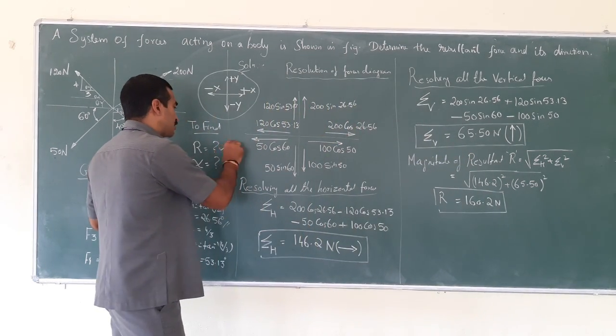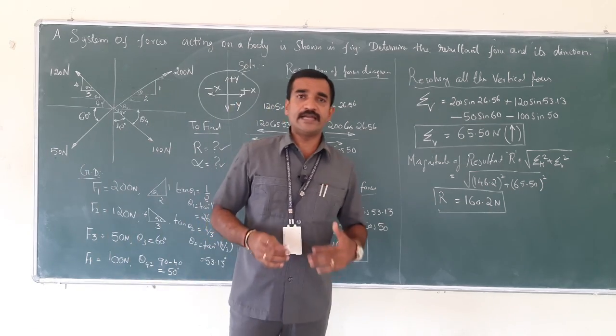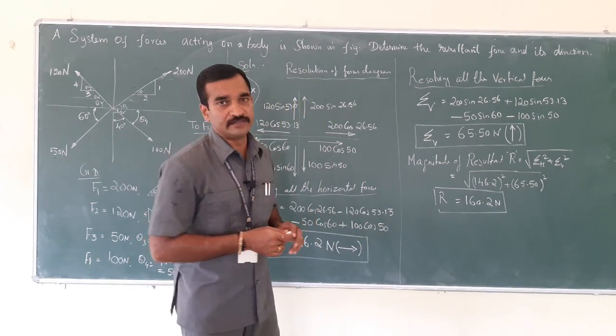So the R value has been arrived. Now alpha. What is alpha? That is the direction of resultant, or the inclination of the resultant.